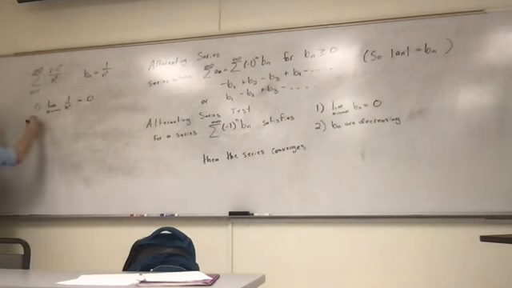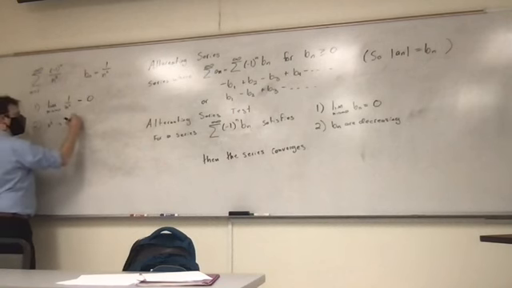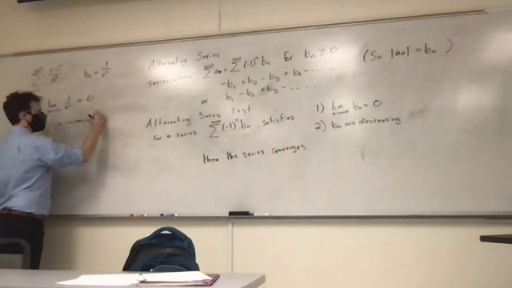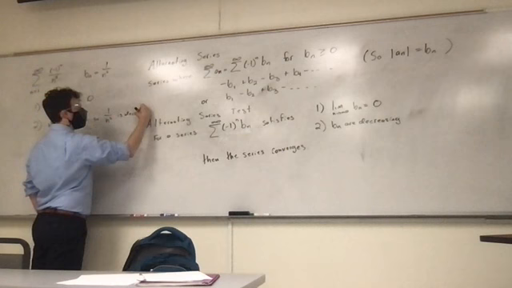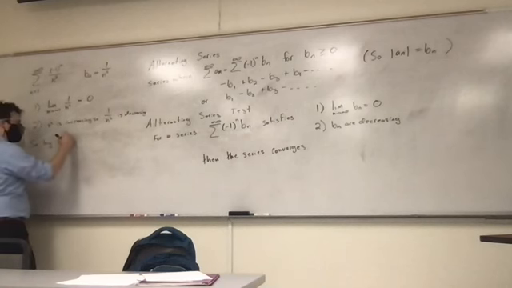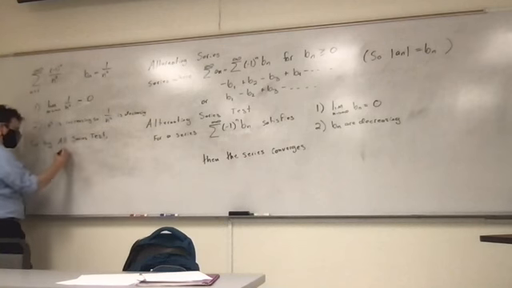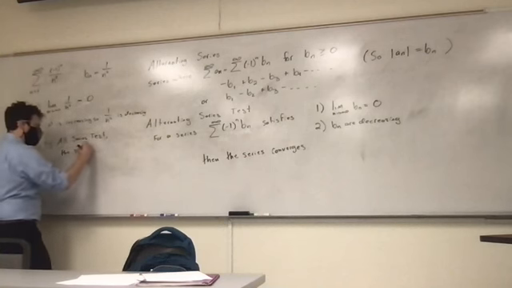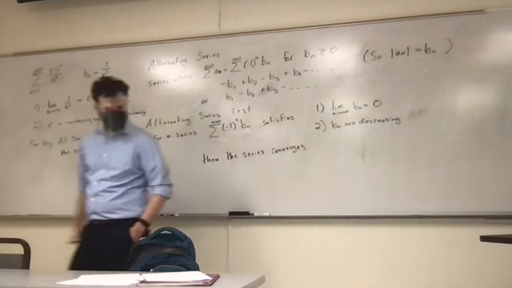This thing is 0. Second, n squared is increasing. So 1 over n squared is decreasing. Done. And that's the whole thing. So by the alternating series test, the series converges.